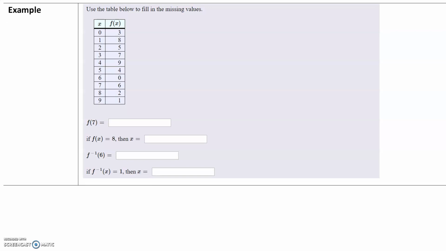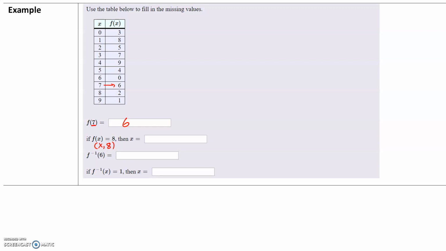Let's do the same thing with the table. First, let's find f of 7, which means we want to find the value of the function f when x equals 7. So if our input is 7, then our corresponding output is going to be 6. Now let's solve f of x equals 8. So once again, we have our input x, and our output is 8.